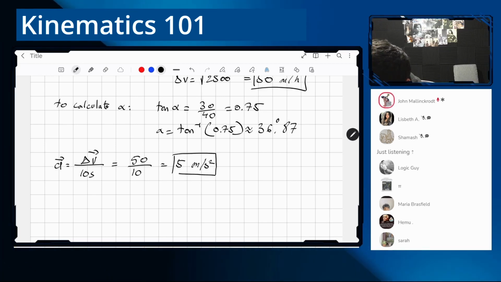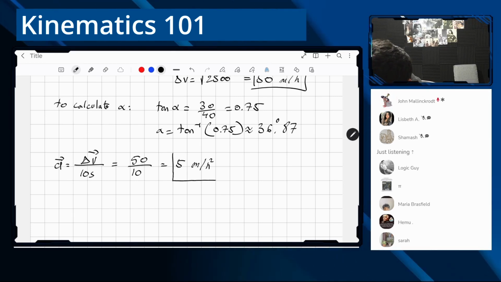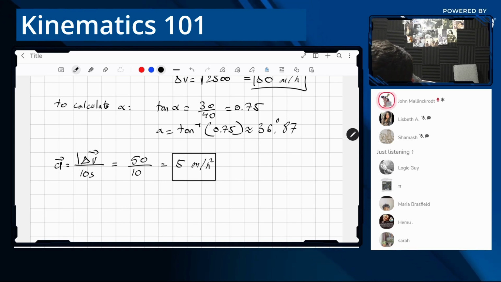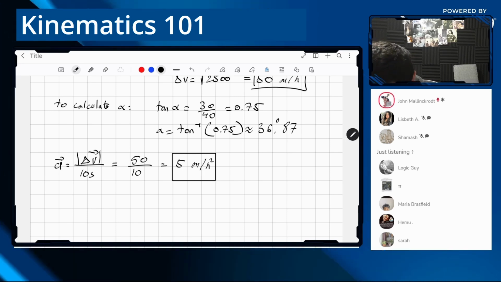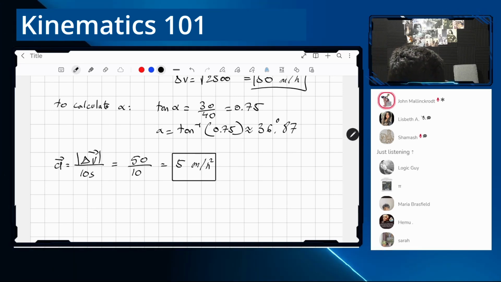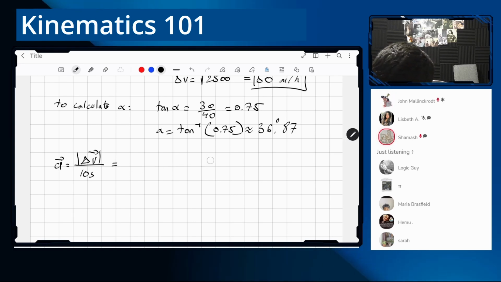Oh, no, no, no, that's not right either, actually. Shamash is ignoring his units here. It was 50 miles per hour divided by 10 seconds. So that gives me 50 miles per hour per second. Nobody saw any of it.